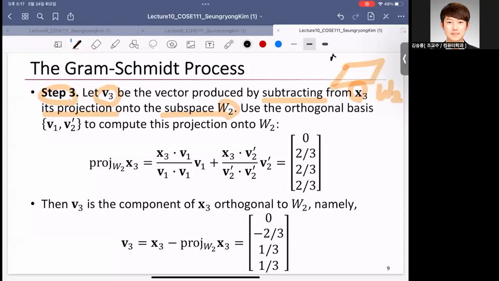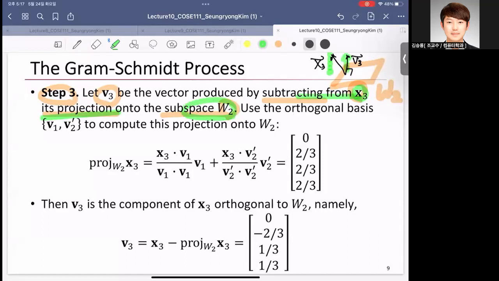Then we have a vector x3. Then we find v3 by subtracting from x3 its projection onto the subspace W2. 그래서 이 프로젝션을 찾아서 빼주면 v3가 나온다라는 거죠.